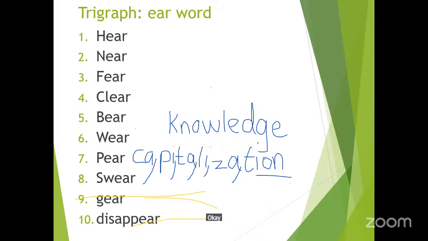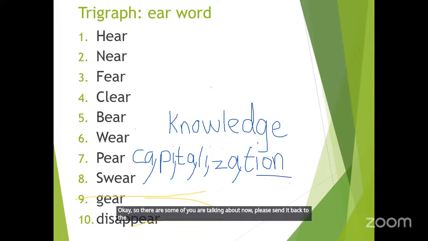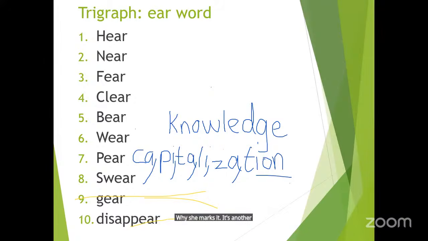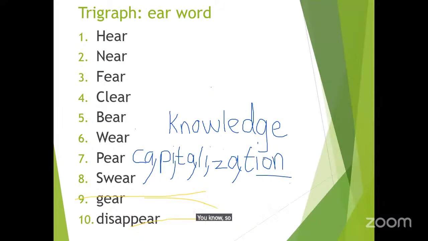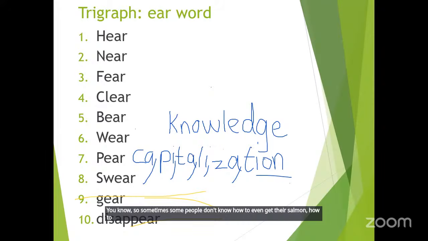Okay, so the assignment you are talking about now, please send it back to the group. One thing I discovered is that sometimes she marks our assignment, but once she marks it, it's another page you are seeing. You are not seeing your exact one. Your assignment will become two. So sometimes some people don't know how to get their assignment, because it's now two.